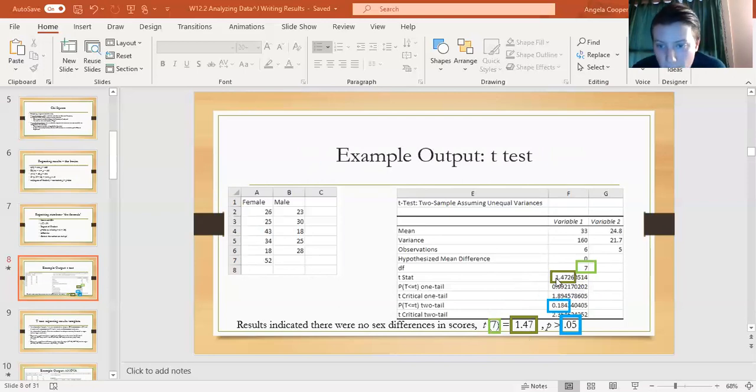So that would be 1.4726. Since this is APA, we'll round it to two decimal places. So that gives us 1.47, comma, we're going to look at the p for a two-tailed test, and it's 0.184. So that p value is definitely greater than 0.05, or you can put equals 0.18. That would be fine as well.